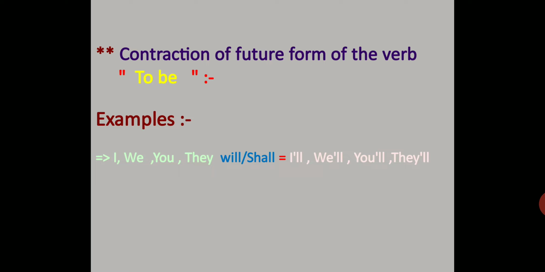Means I, we, you, they. If we use will with these pronouns, it will be I'll, we'll, you'll, they'll. And when we use shall, generally we use shall with I.